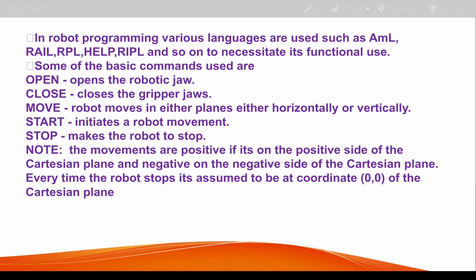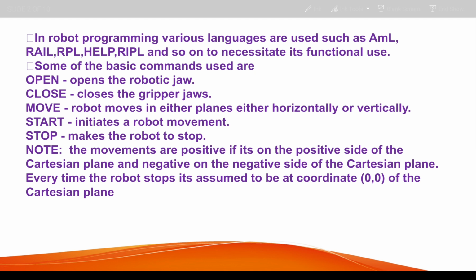This is a very important point to note when you're doing robot programming, because a robot has to follow a designated path, so it will be making movements based on the planes, either horizontally or vertically, and we have to look at the movements from its rest position when it's at a stop, which is always considered to be at coordinate 0, 0 of the Cartesian plane.